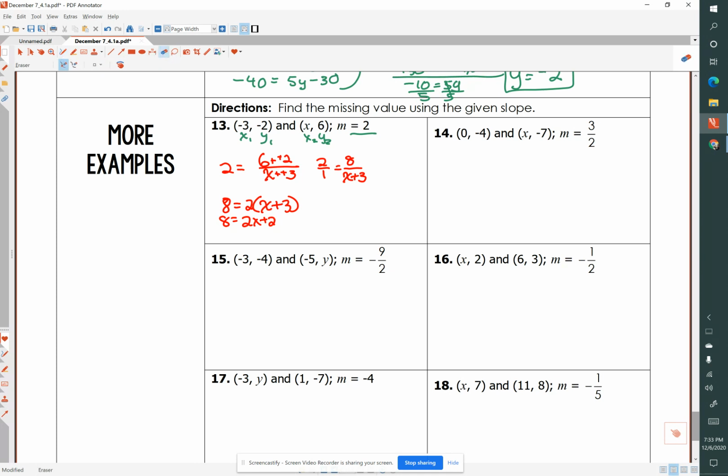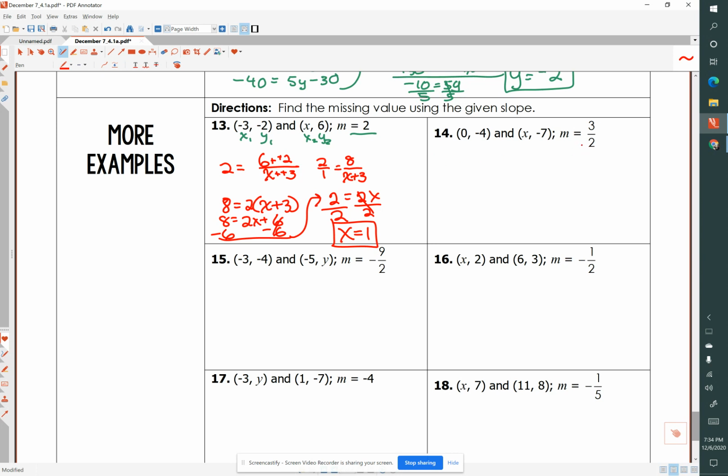Excuse me, I almost put the wrong number. Okay. Subtract 6 from both sides. And working up here now, 8 take away 6 is 2 equals 2x. Divide by 2. And x equals 1.